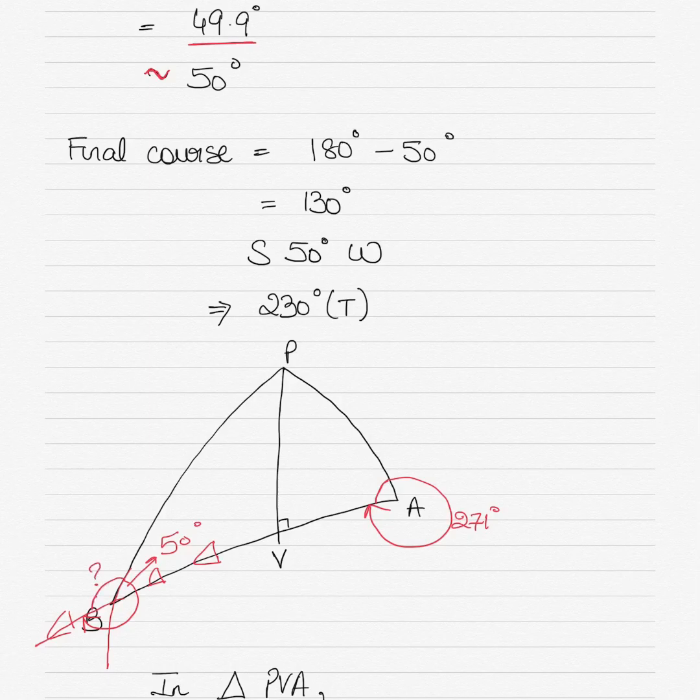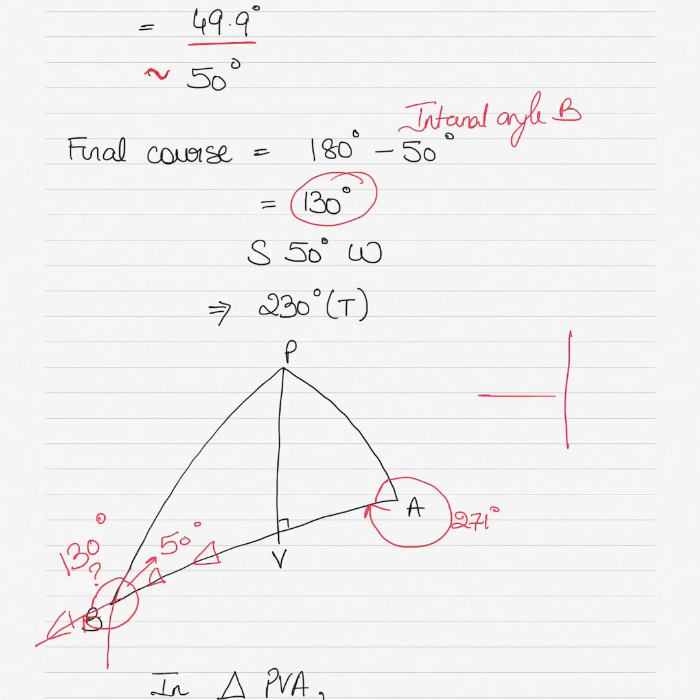So how do I do that? 180 degrees minus 50 degrees, which is your internal angle B, will give me the outer angle value. It gives you 130 degrees. 130 degrees is the outer angle here. When I say 130 is the outer angle here, then again if I look at it from this perspective, my vessel is going in the westerly direction.